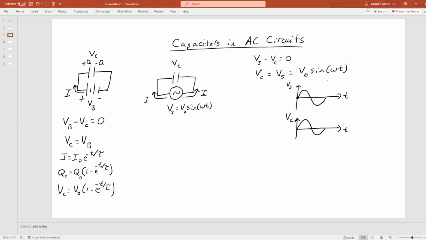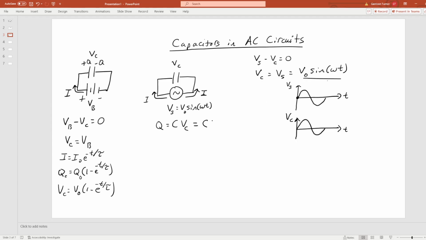So, how can we analyze this? Well, remember that Q is equal to CV. So if this is the plates, then that would be the voltage across the capacitor, but that equals V naught sine omega t.